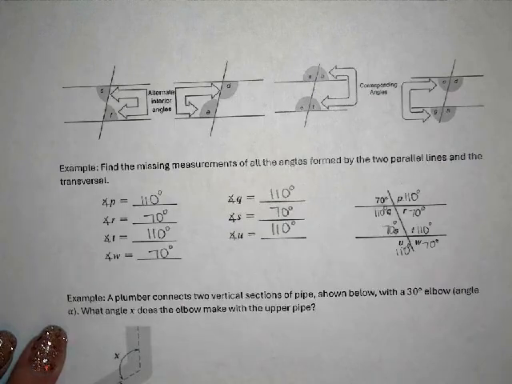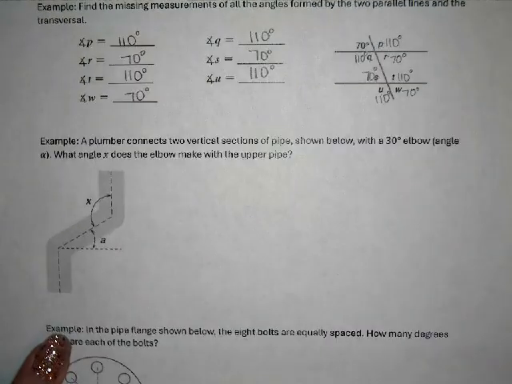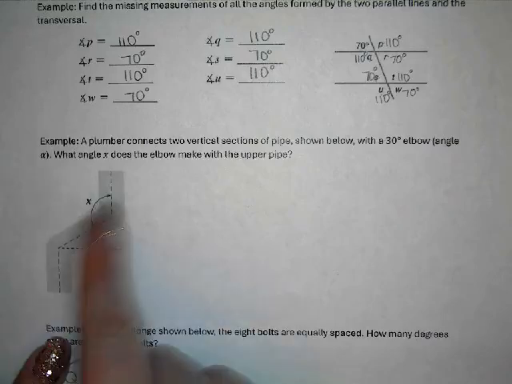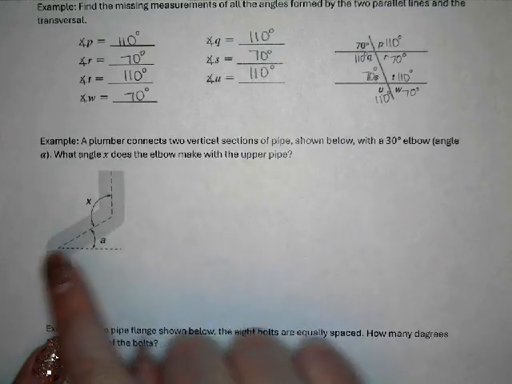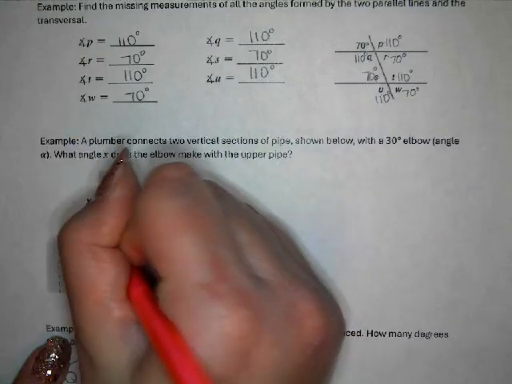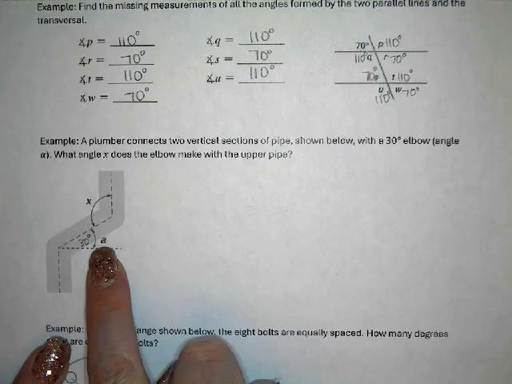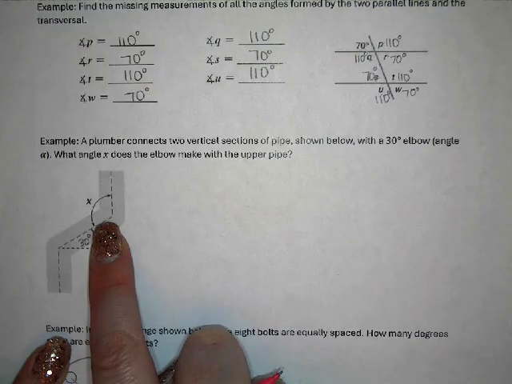All right, in this example it says a plumber connects two vertical sections of pipe. So here's the two vertical sections of pipe. Connects them with a 30-degree elbow. So here is a 30-degree elbow that they labeled with angle A. What is the angle of X that this makes with the upper pipe?